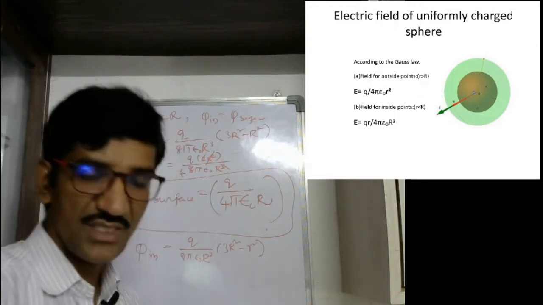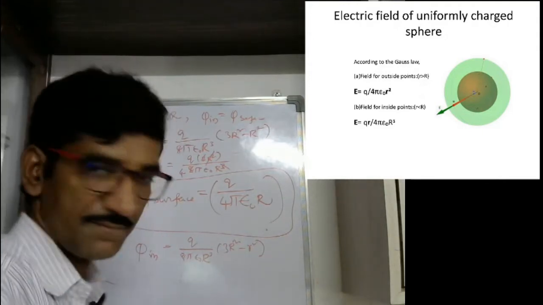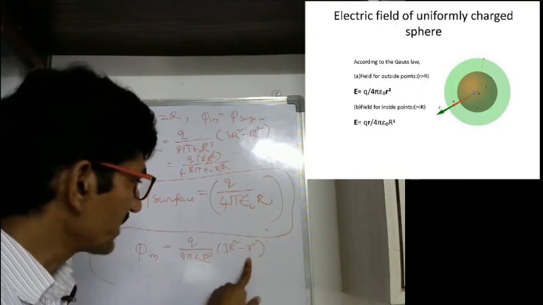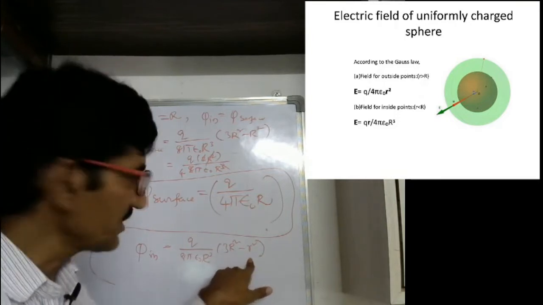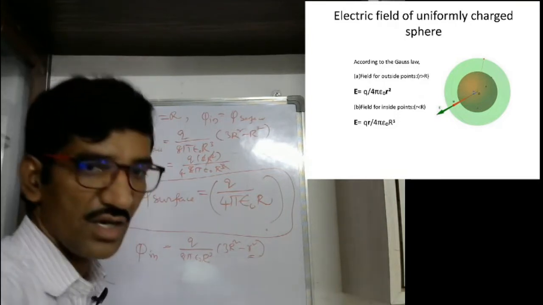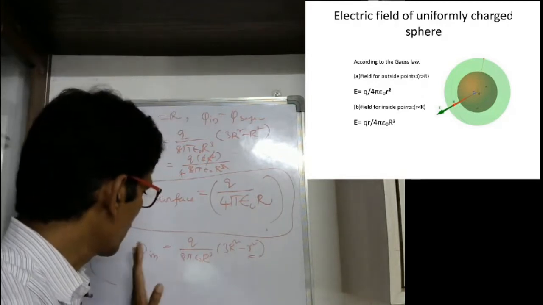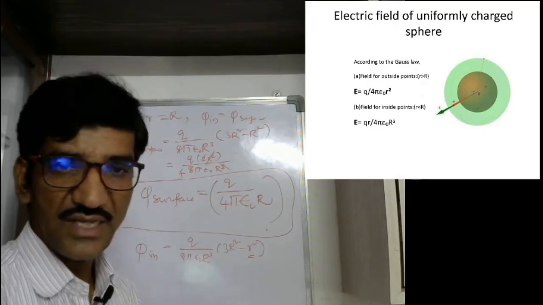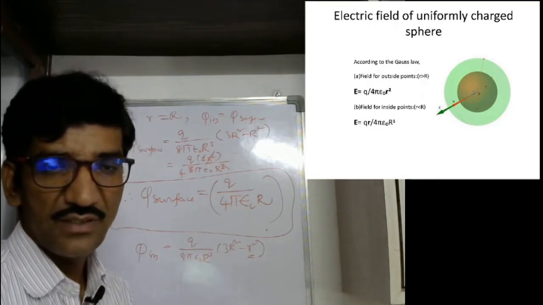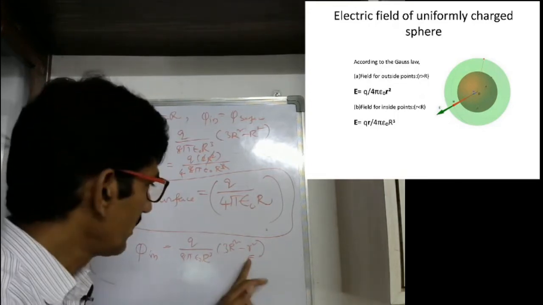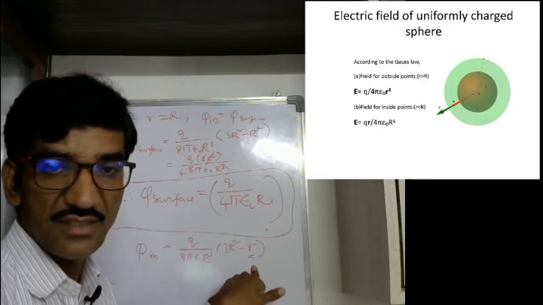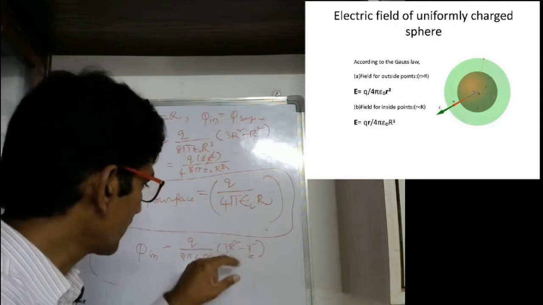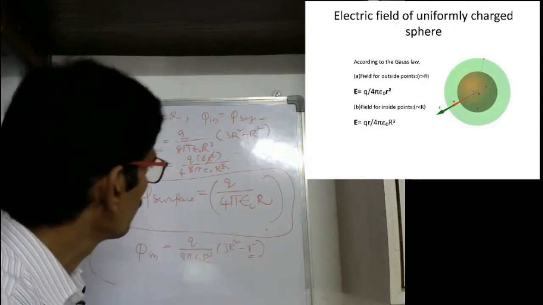What's the meaning of this? What happens when you change the r? When you change r, that means as you increase the small r, what happens? The psi in value decreases, because you have to deduct something from this expression.